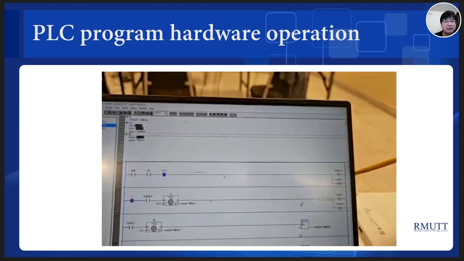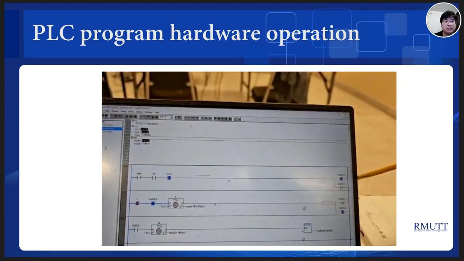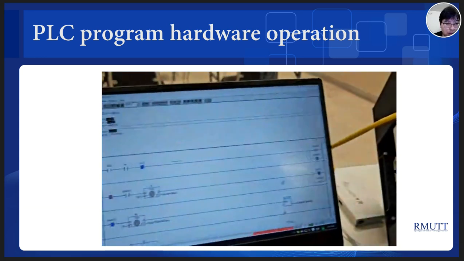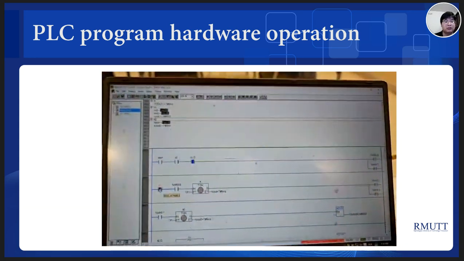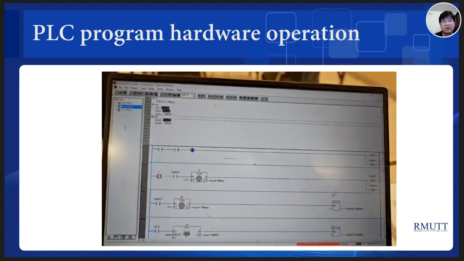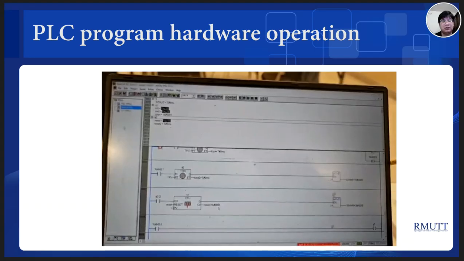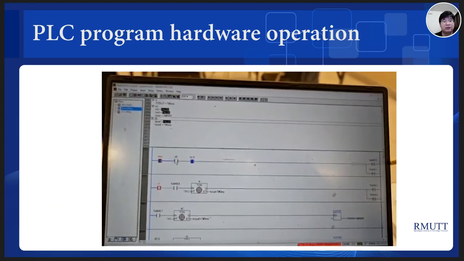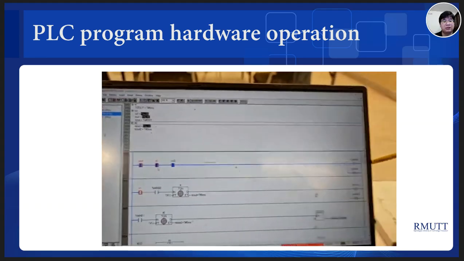When the start button is pressed, the PLC activates the forward output. After the timer delay, the backward output is active.